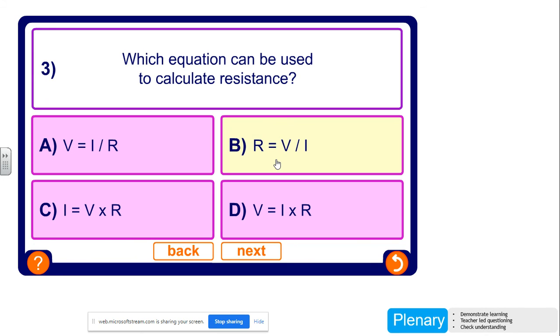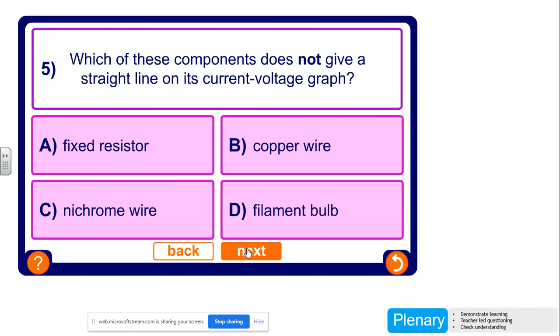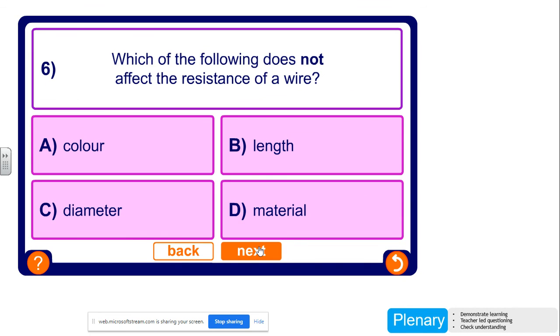You should know by now. It's that one. Next. Oh, I have to think about this. Does it mean it's got a lower resistance? I think it means it's got a lower resistance. Okay, go back a few lessons because that was in there somewhere. The bulb. Okay, next one.